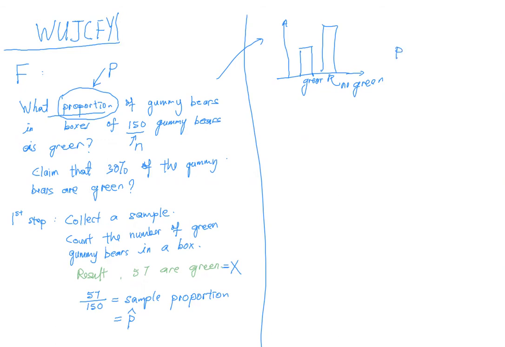So this is my population distribution. When you talk about proportion, that means it's talking about discrete. Now, according to the central limit theorem, this n must be more than 30. We have n is 150. Fair, right?